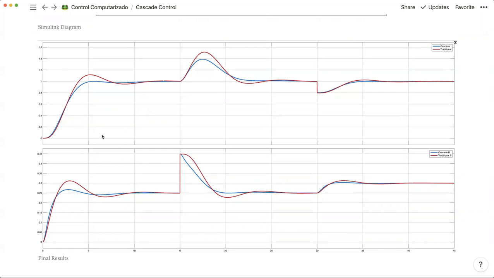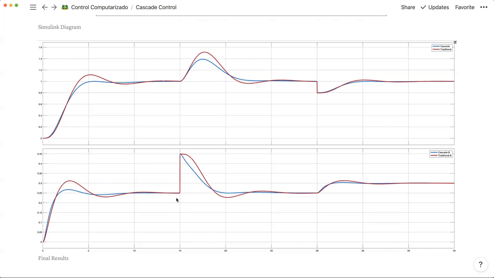In both graphs, we can see that the cascade control is faster, has less oscillation, less overshoot, and less undershoot than the traditional control.